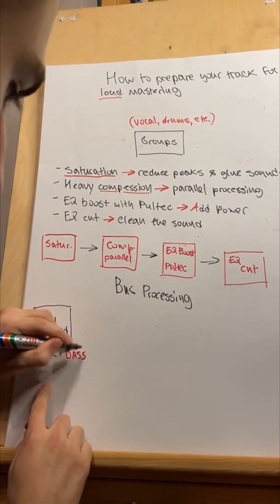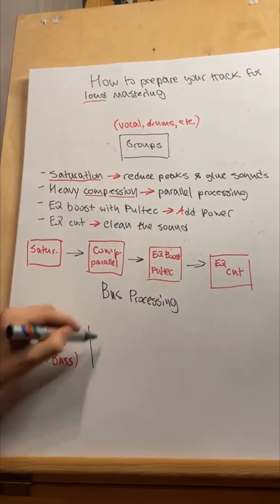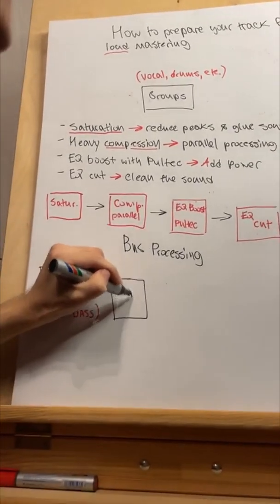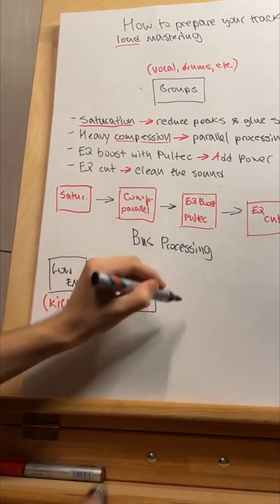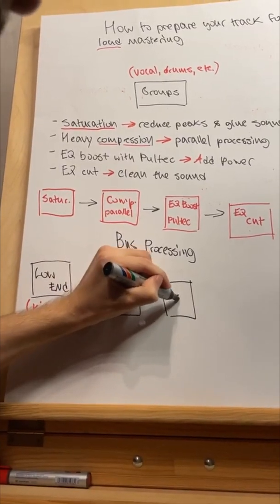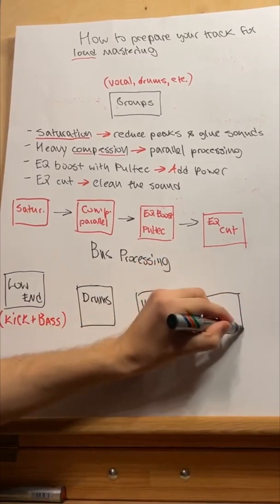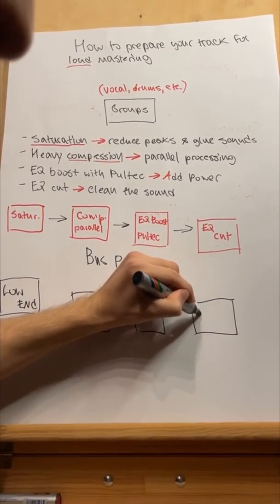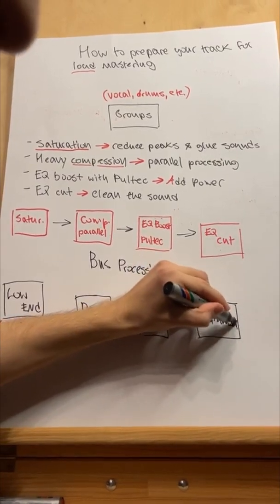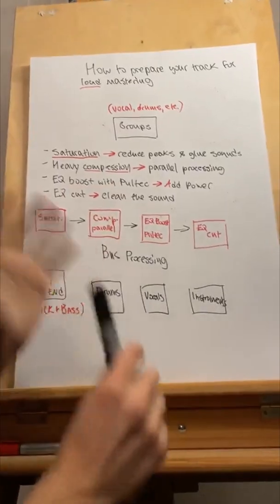Then we could have another group which is drums, another group like vocals, and the last group is going to be instruments.